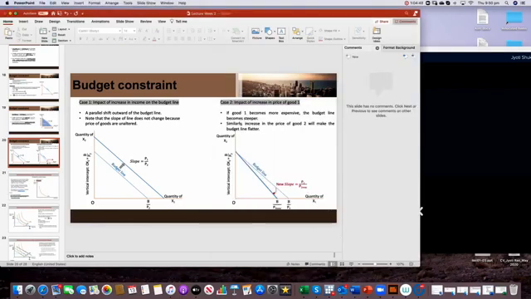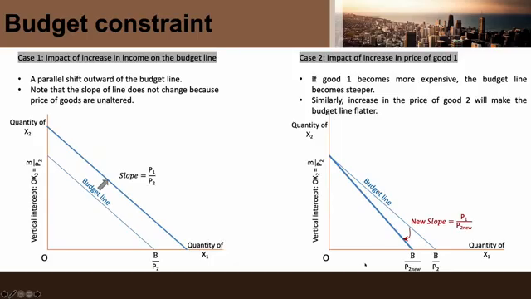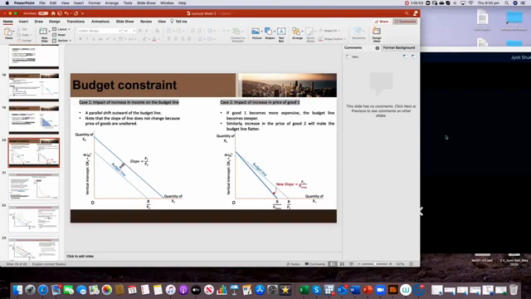Okay, so we were discussing the second scenario, what happens when the price of a commodity changes. In this case, let's say the price of commodity 1 is changing. Again, there is a small typo, and I will try to correct that.